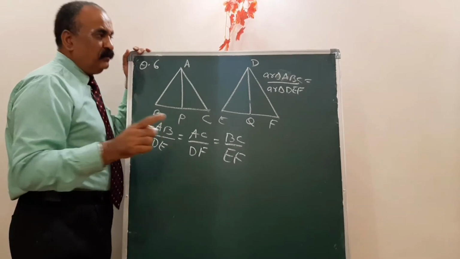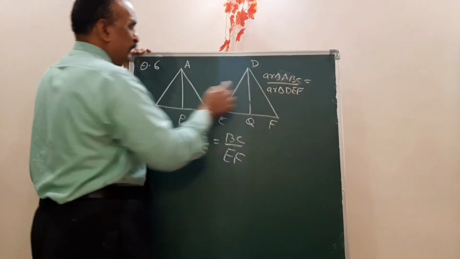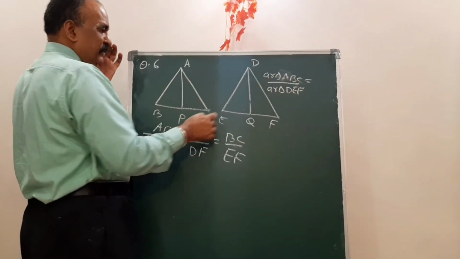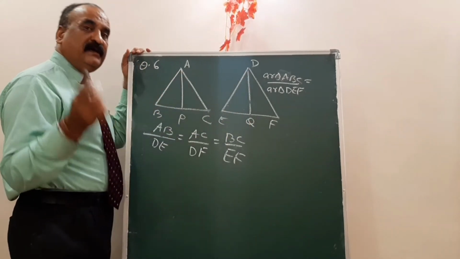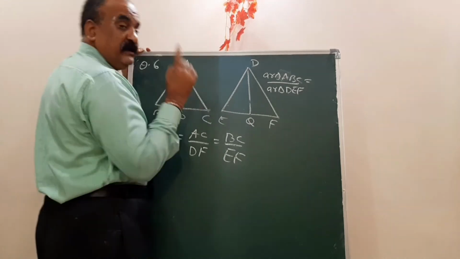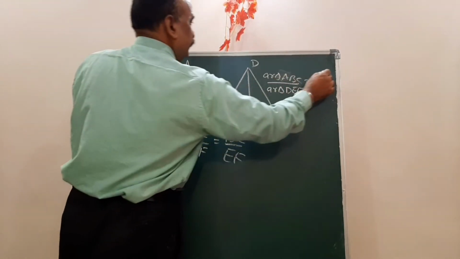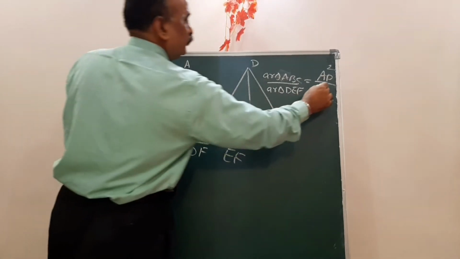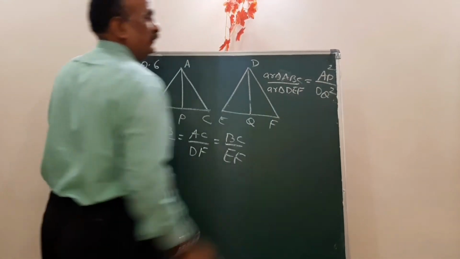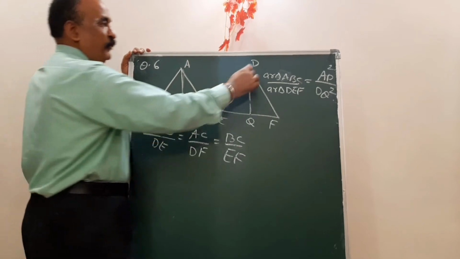So what you have to show? The ratio of the area of two triangles, area of triangle ABC upon area of triangle DEF is equal to the square of their corresponding medians. It means AP square upon DQ square.